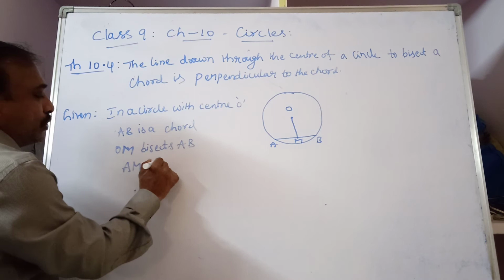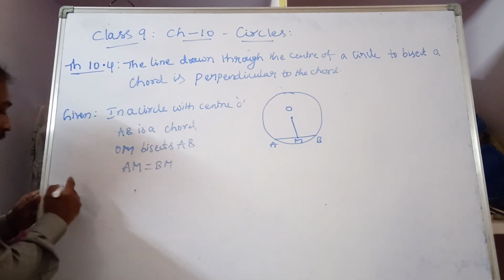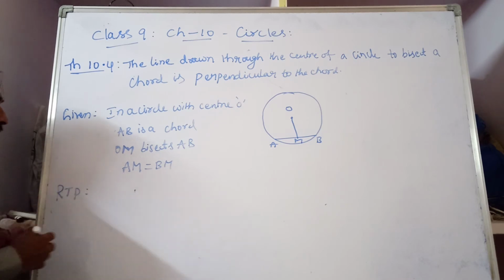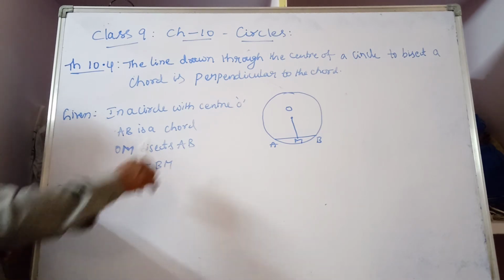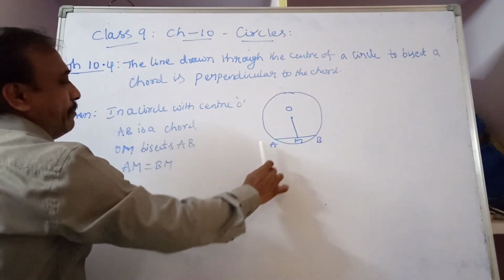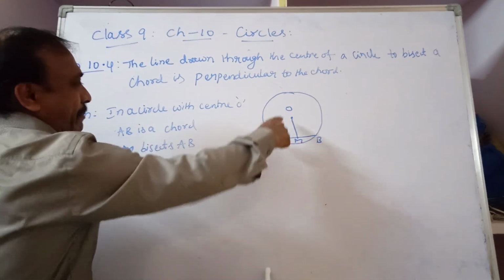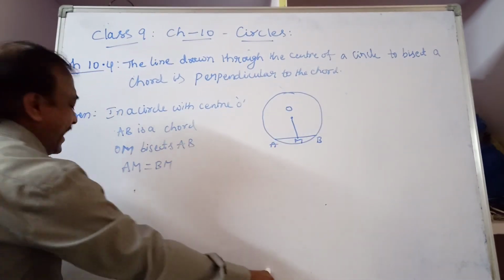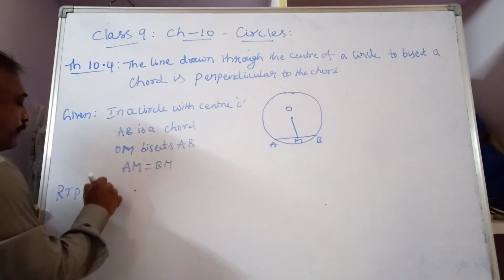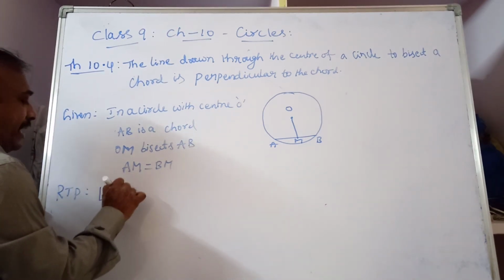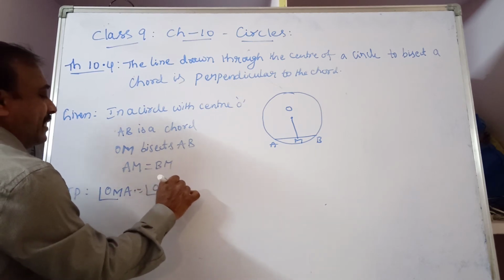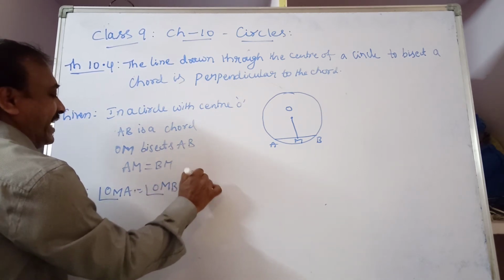AM is equal to BM. We have to prove that angle OMA is equal to angle OMB, which is equal to 90 degrees. So, required to prove angle OMA is equal to angle OMB is equal to 90 degrees.